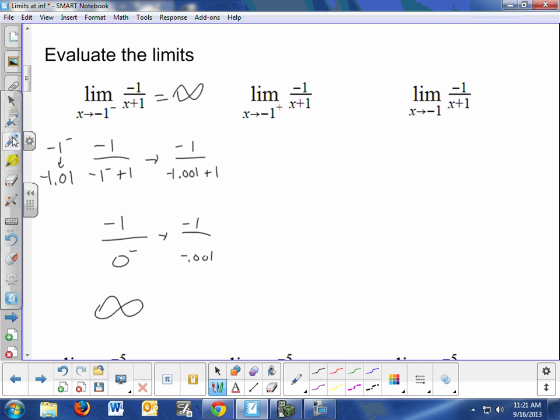Okay, second one. Negative 1 from the right. That's like negative 0.9 repeated. I have negative 1 divided by, I'm going to plug in negative 1 from the right plus 1.